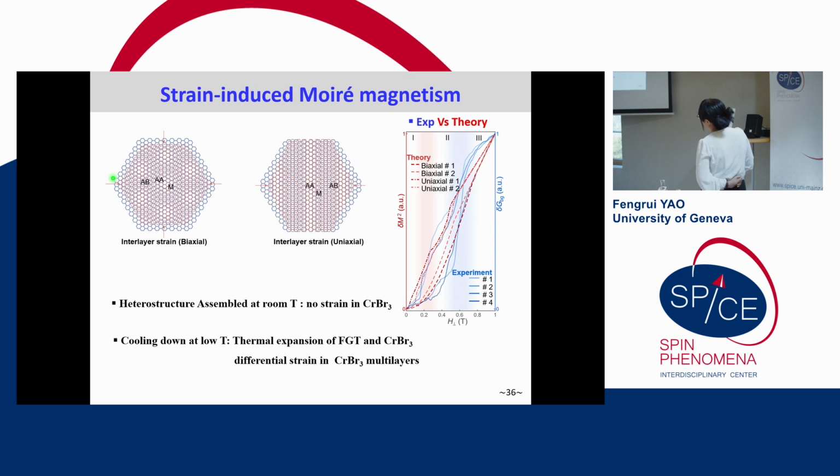That's why the layers close to FGT and far away from FGT will experience different in-plane strain. This in-plane strain can be biaxial or uniaxial.